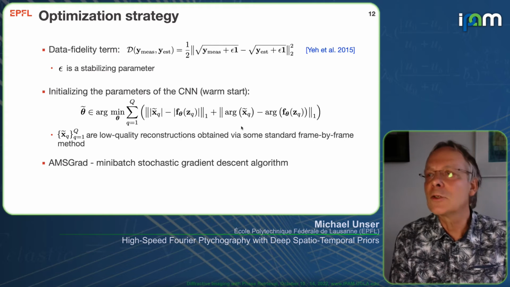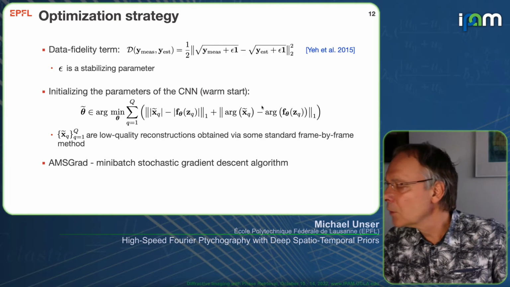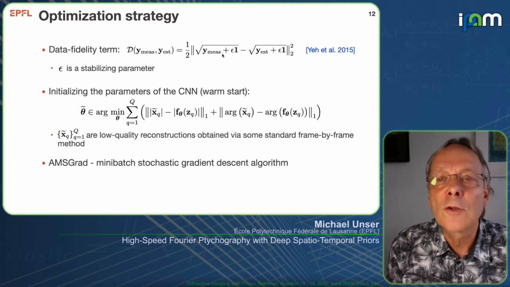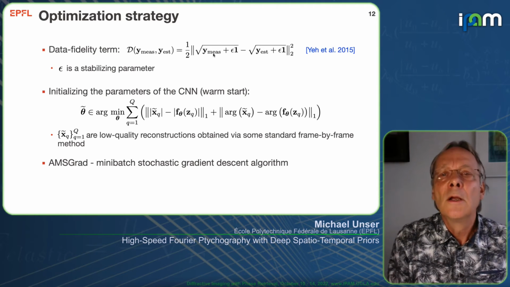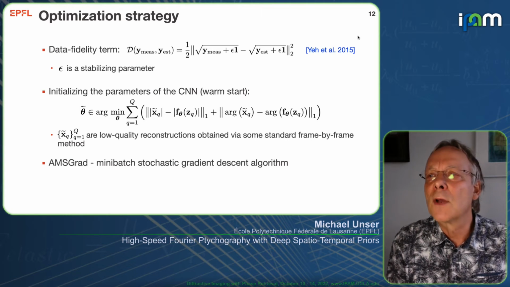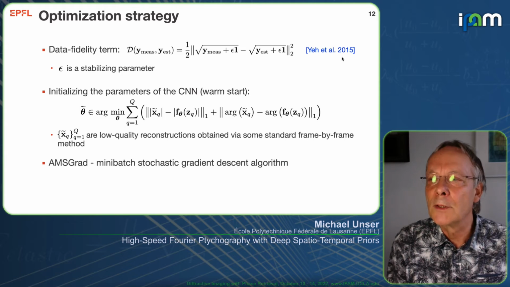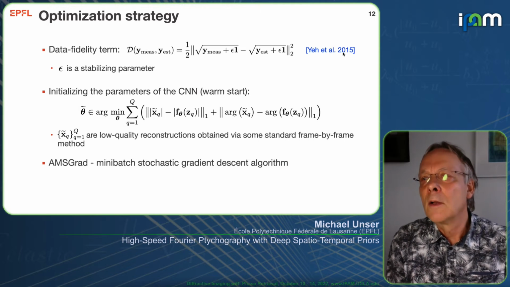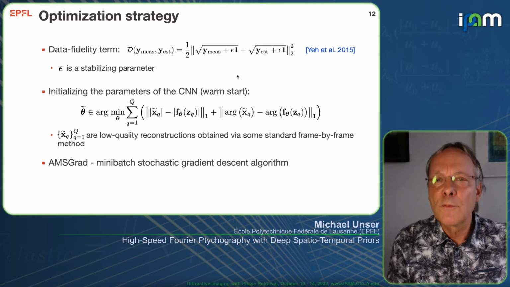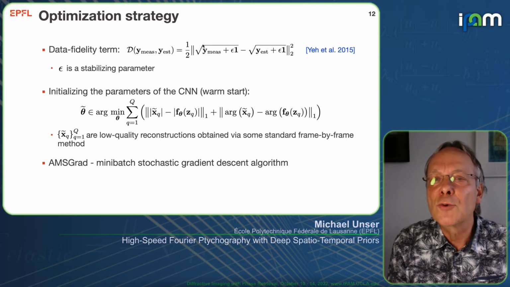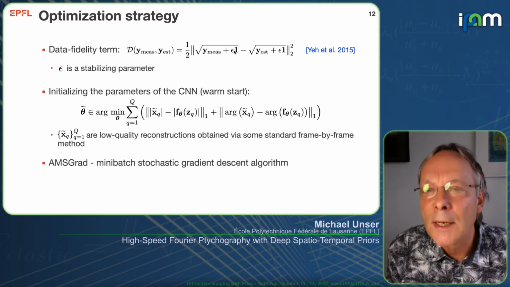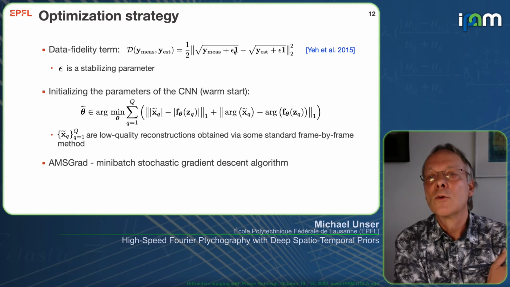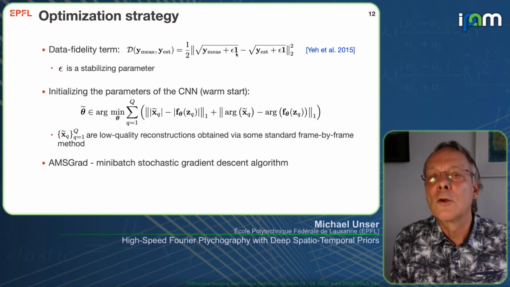Now the optimization strategy, there is a little twist here: we do not use the standard least square criterion. This is also inspired by prior work, but in another application, not ptychography. We use a square root applied to the measurement, and there's a small bias, adding a constant.